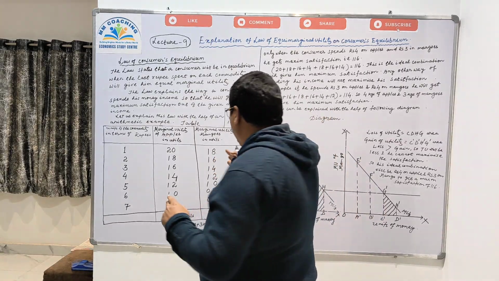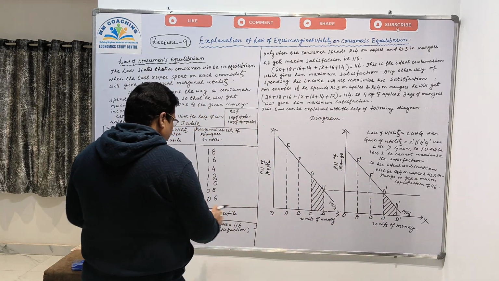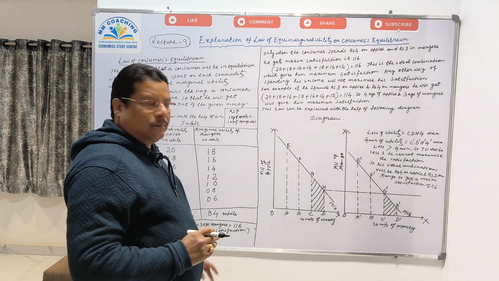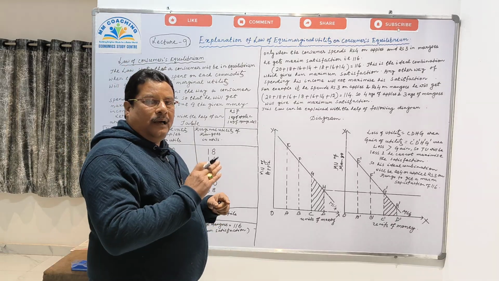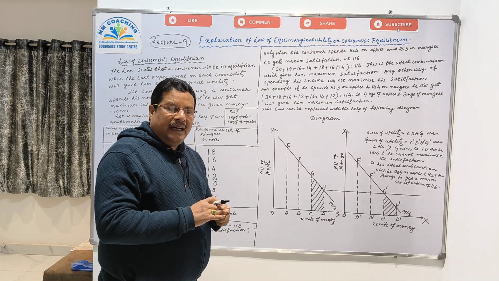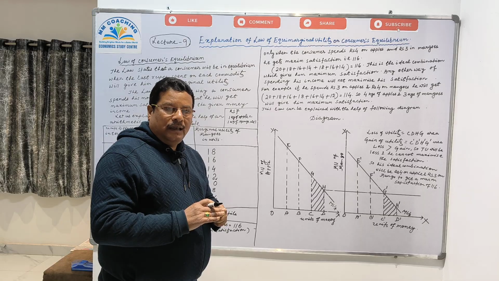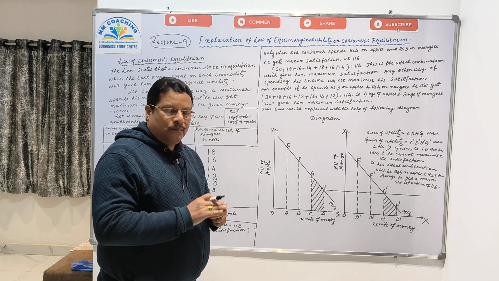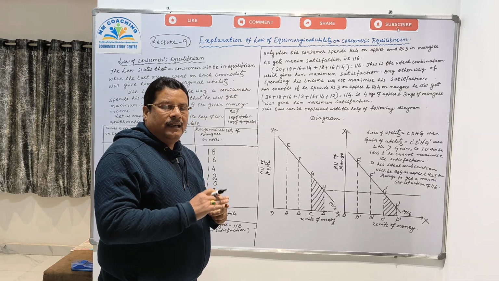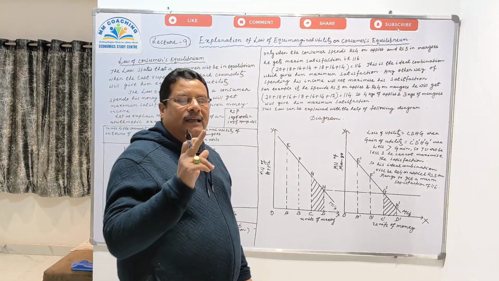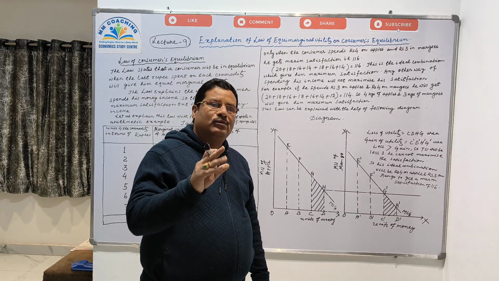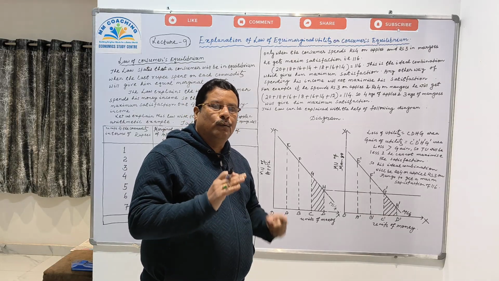So we have clearly stated that when he spends rupees 4 on apples and rupees 3 on mangoes, then only he will get maximum satisfaction. Why?